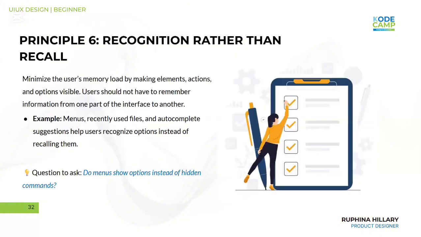So the sixth principle now is recognition rather than recall. It's common knowledge that users, or humans, recognize things more easily than we recall things. That's why they usually say that objective exams are easier than theory exams, because in theory exams you have to recall things.